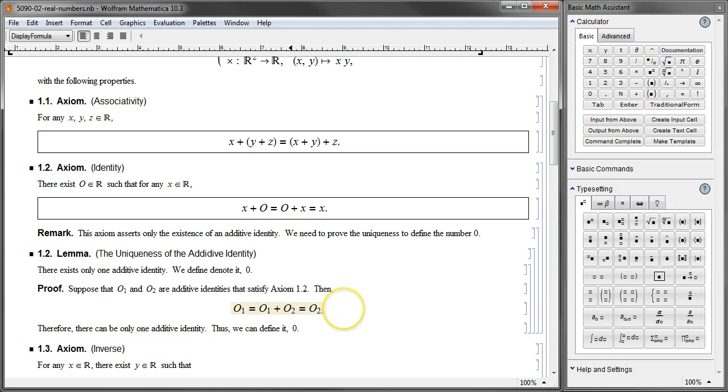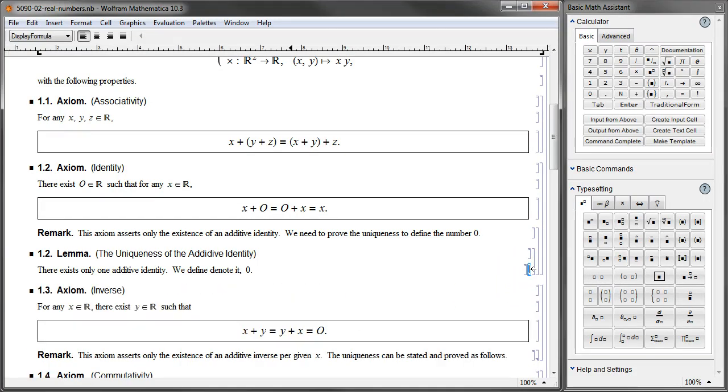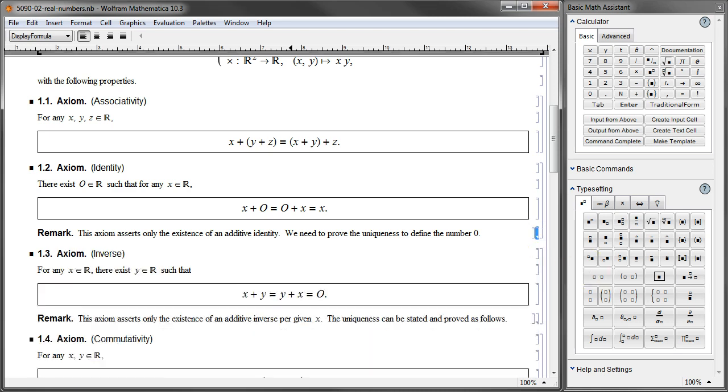As a result, O1 is equal to O2. These two are the same. So if we have two additive identities, they are the same. Consequently, we have one and only one additive identity, and we can name it 0. And that's how we define the number 0.